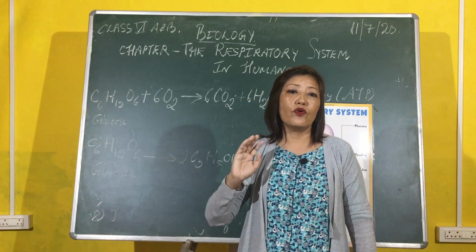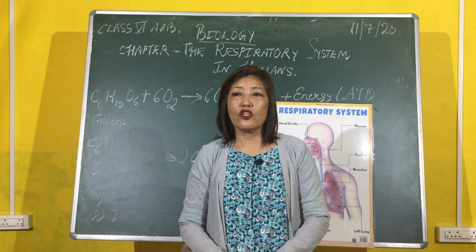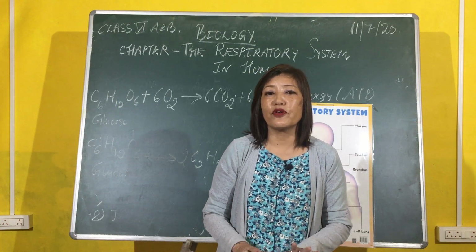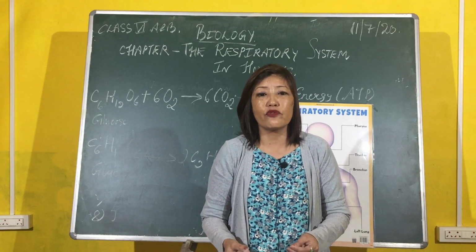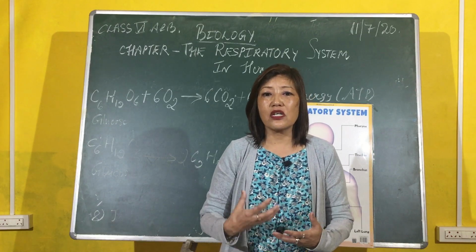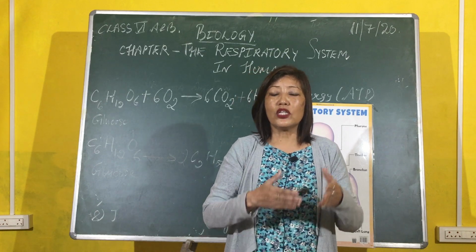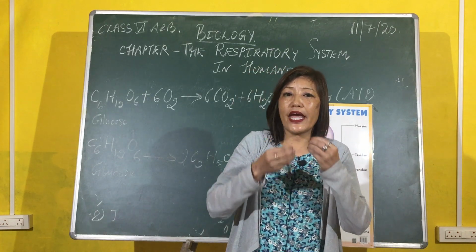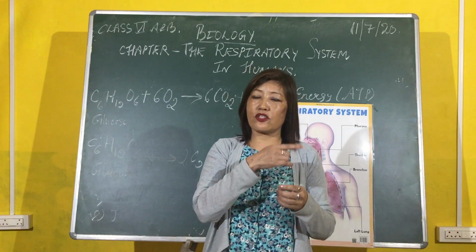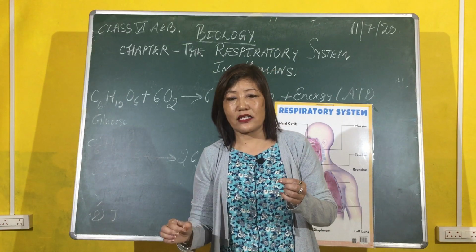Okay, so now the respiratory system in humans. Humans have a well developed respiratory system which is responsible for exchange of gases like oxygen and carbon dioxide. The path through which the air enters and reaches the lungs and comes back to the atmosphere is called the respiratory tract.